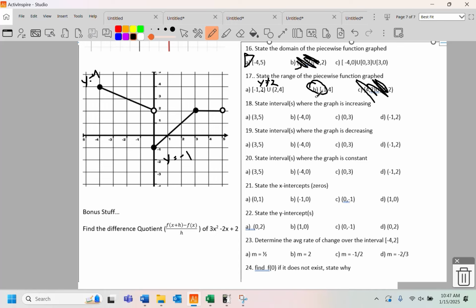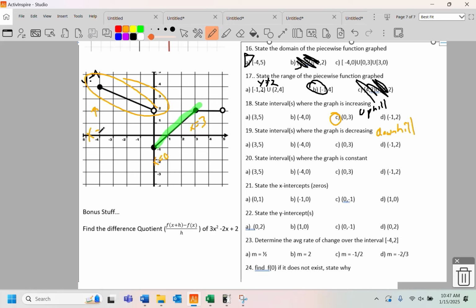State the intervals where the graph is increasing, that is uphill. I start going uphill when x is 0, and I stop going uphill when x is 3. So I'm talking about 0 to 3. Decreasing is downhill. It's going to be this piece right here.